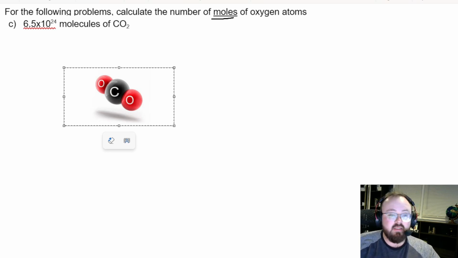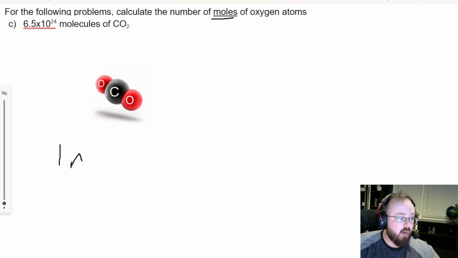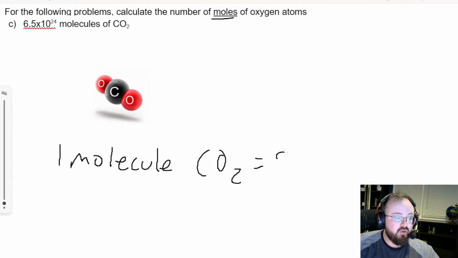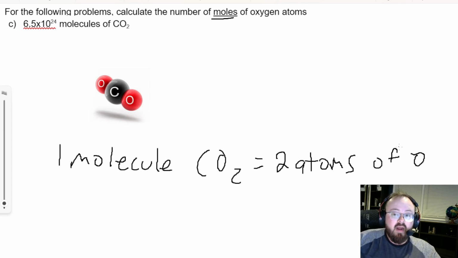And so what we can see here is that for every one molecule of CO2, I have two atoms of oxygen. That's where we're going to start, where one molecule of CO2 is equal to two atoms of oxygen. And this is a ratio, this is a conversion factor that we're going to be using.